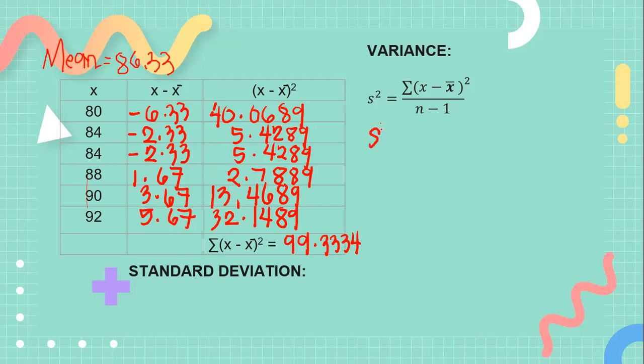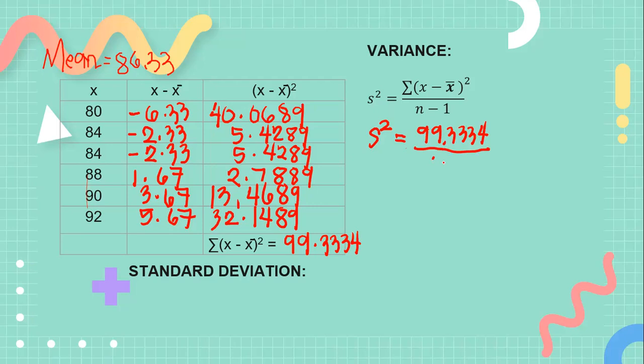Now, let's solve for variance. Our variance formula: s squared is equal to the summation of the quantity x minus mean squared, divided by n minus 1. So we substitute, class: 99.3334 divided by what, class?